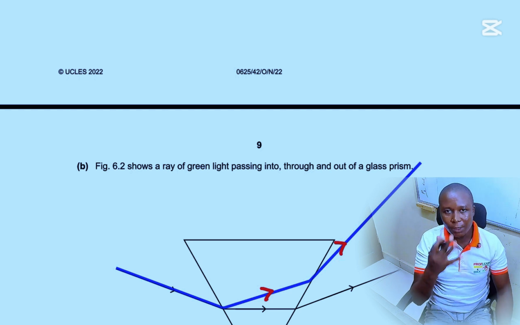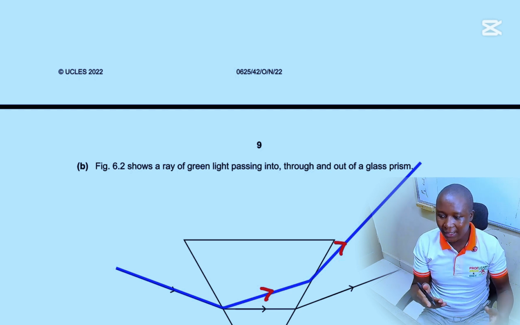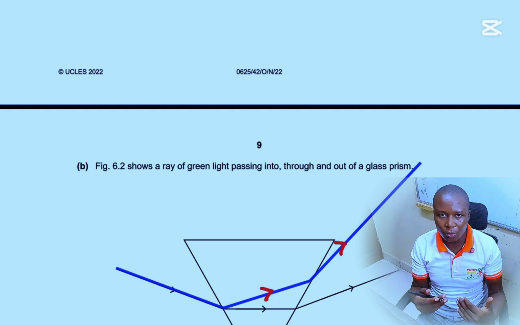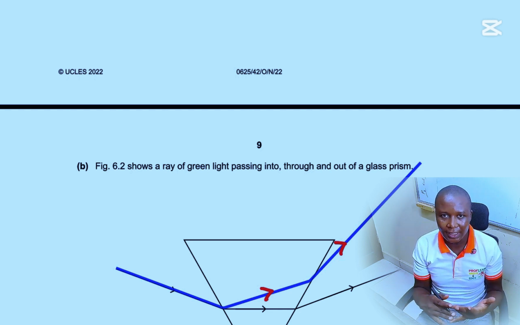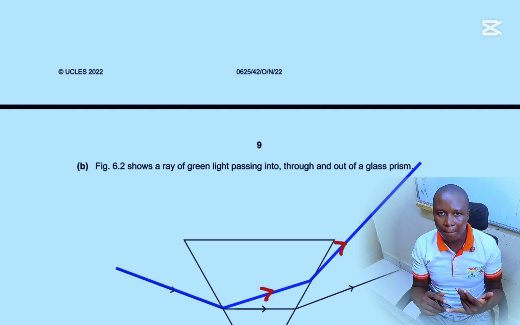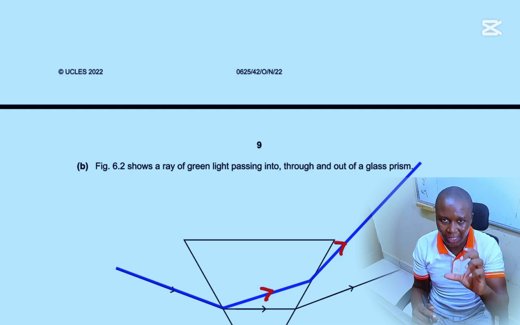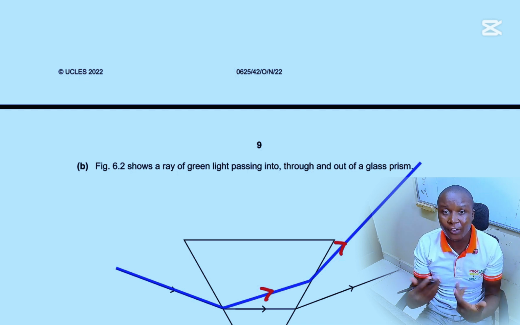Talking of dispersion of light, when light is incident to a prism, there is dispersion, separation into different colors. What we need to understand is that blue light has a shorter wavelength, so it will diffract more.